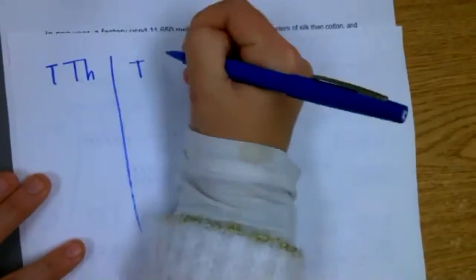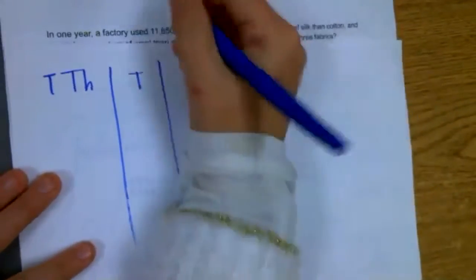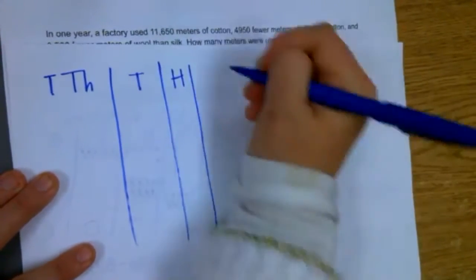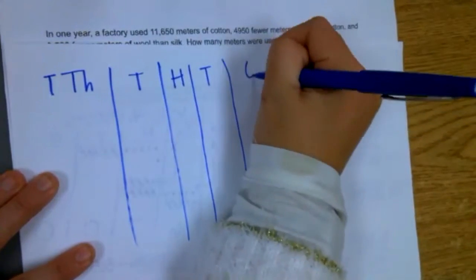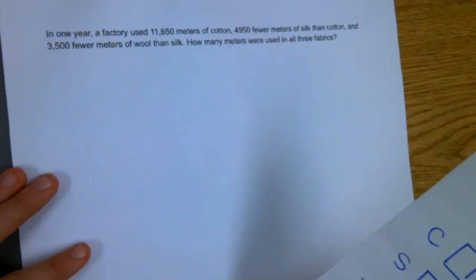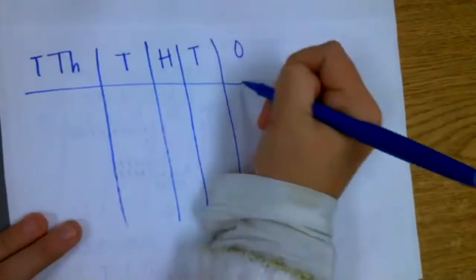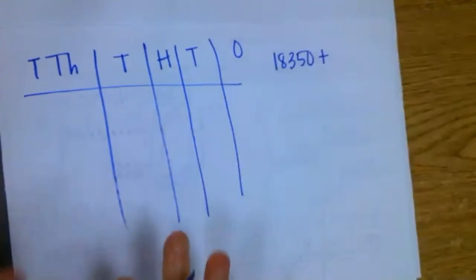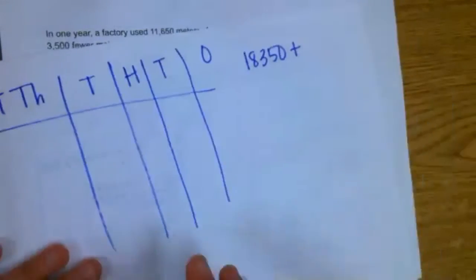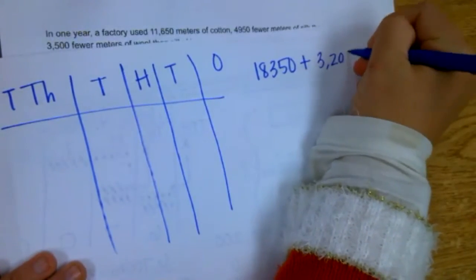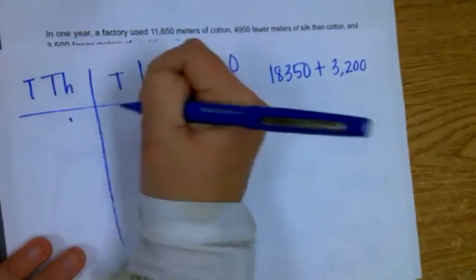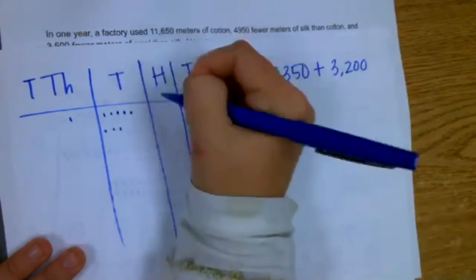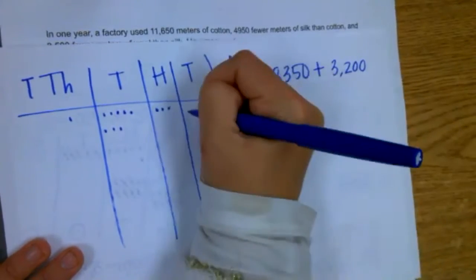You can use our same model to help us solve this. Solve this problem with your partner while I solve it on the board. Plus 3,200. 300.